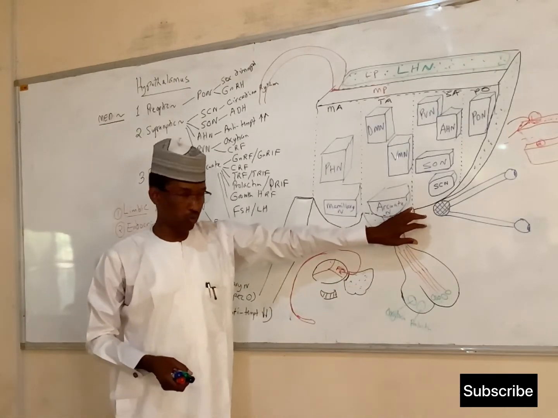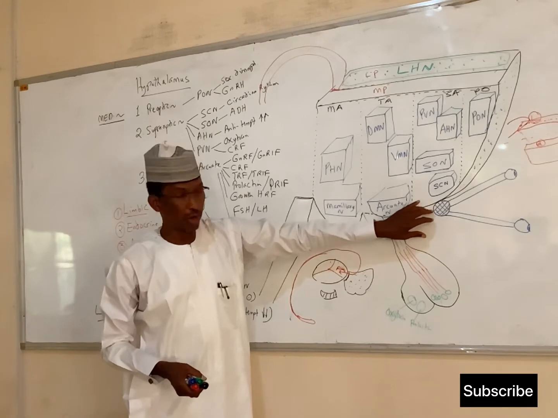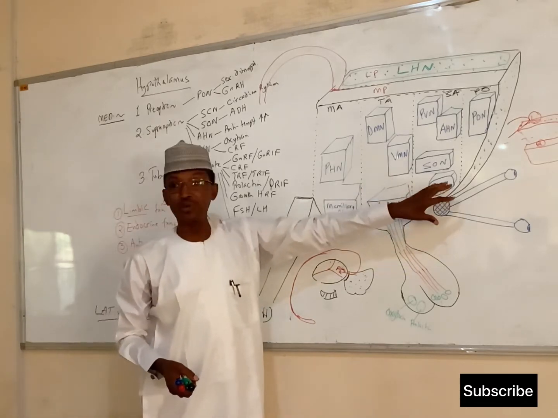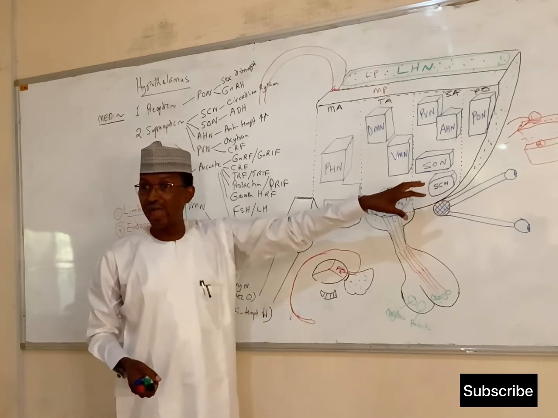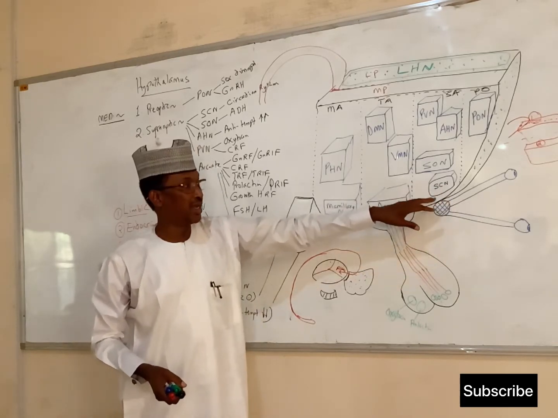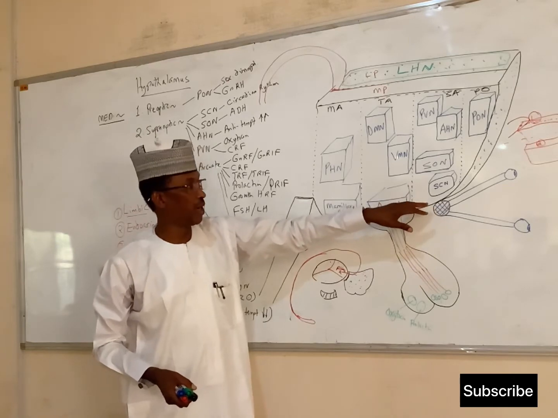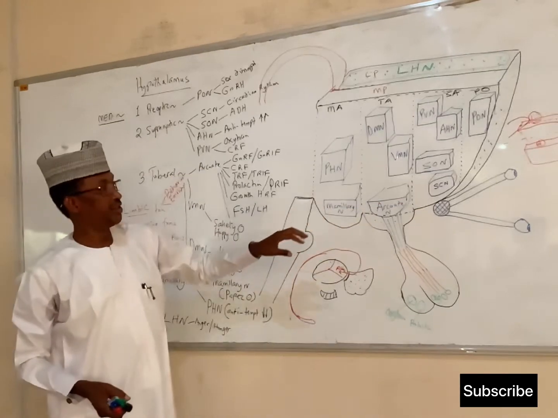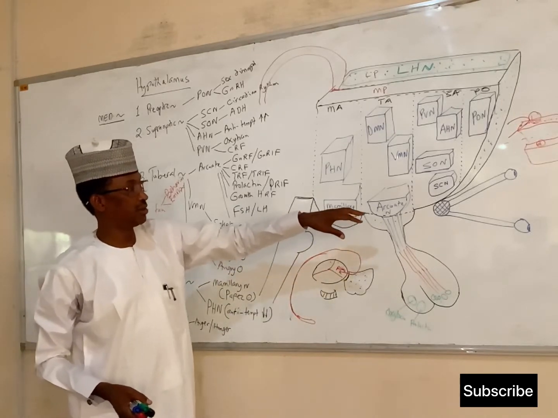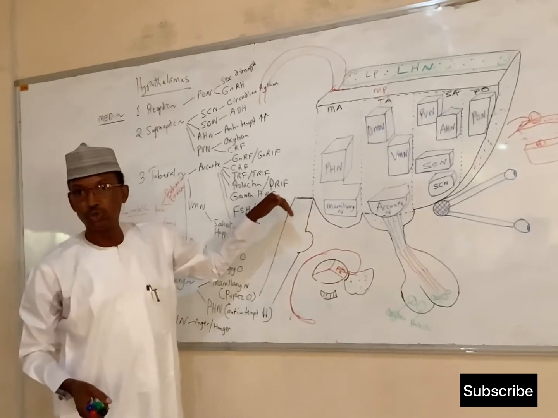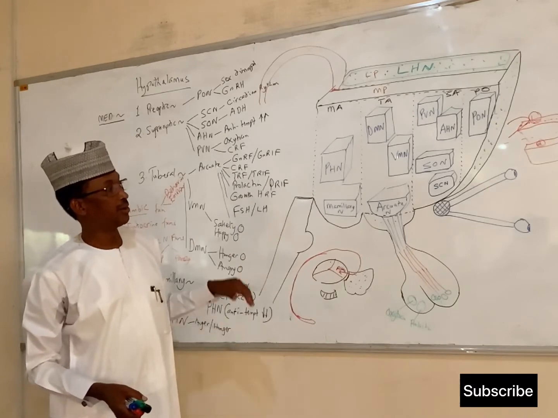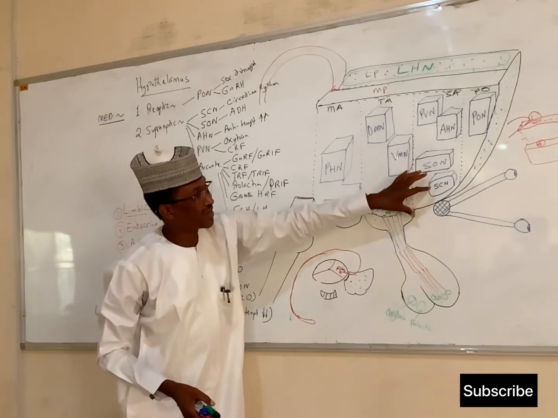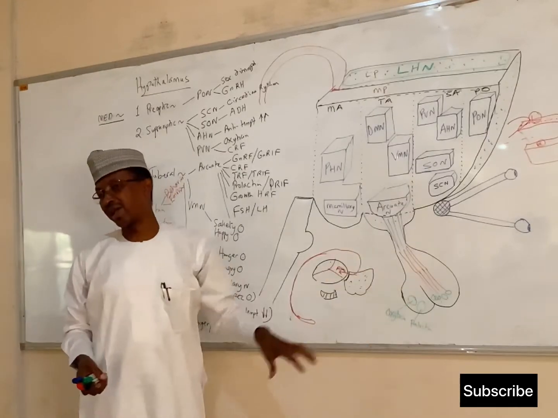If you can remember, we have discussed the optic chiasma. The optic chiasma is formed as a result of the optic nerves coming from our 2 eyes. And then after it crisscrosses at the base of the brain, it goes to the fibers of the optic tract, and they go into the visual cortex. So this hypothalamus lies directly above the optic chiasma.